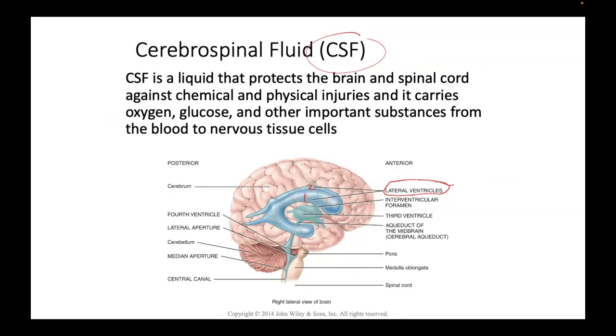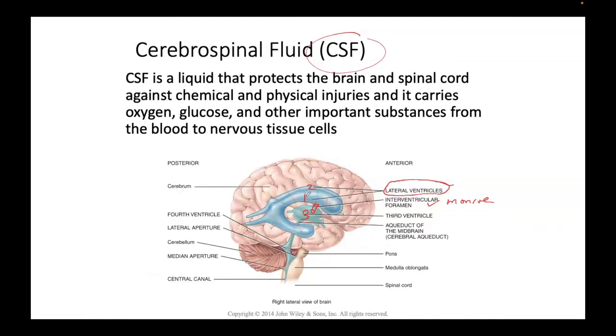So we have two lateral ventricles, and the CSF has to flow from ventricle 1 and 2 into the third ventricle. And the way it gets there, it has to drain through this plumbing, through this piping right here, which is called the interventricular foramen of Monroe.